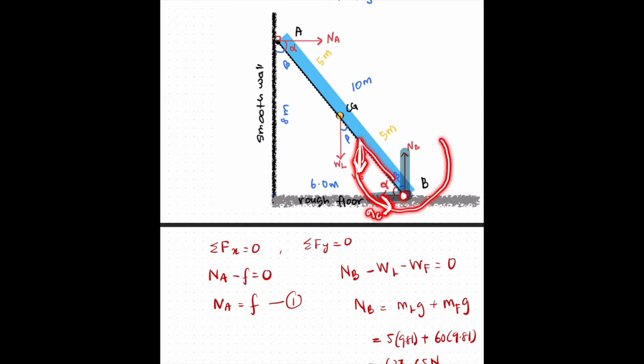For these forces, also, from the axis of rotation, the ladder will rotate anti-clockwise. For this torque, it will rotate clockwise. Then we have two anti-clockwise torques and one clockwise torque. Then just rearrange.